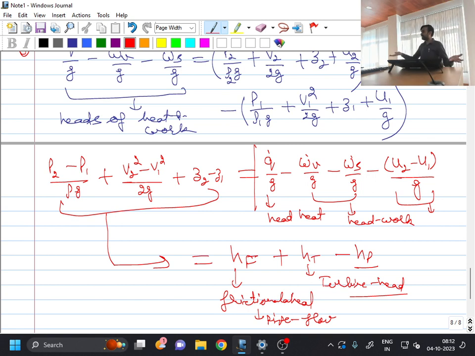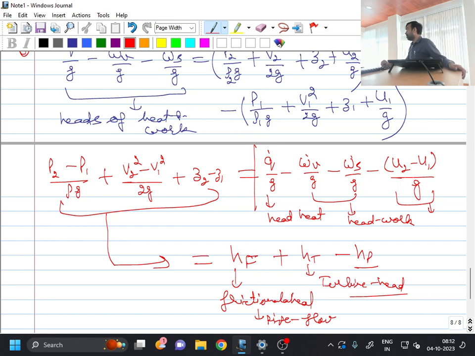Inlets and outlets are uniform. If these two conditions are satisfied, I can apply this to any system. And this can be applied for a frictional system because it is accounting for the total energy. So if in any system there is some frictional loss, that also can be accounted for in this particular equation.